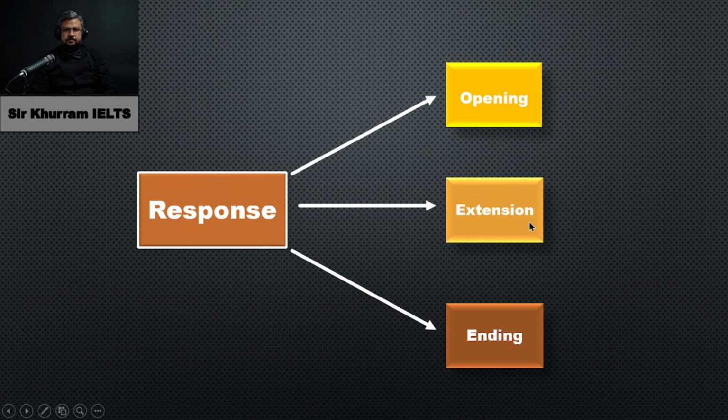This is the heart of your response, the core of your response. So it has to be very impressive and well versed. And finally, we have the ending stage. So a response goes this way. First, we have the opening, the extension, and the ending. We have to go through the 3-step journey. Now we will discuss these 3 stages in detail.